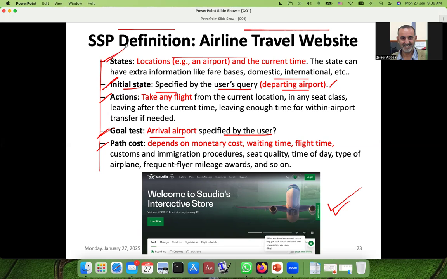What would be the states? Locations, an airport, and the current time. The states can have extra information, like fare basis, economy, business, domestic or international traveling. But actually the states of this agent would be locations and the current time.